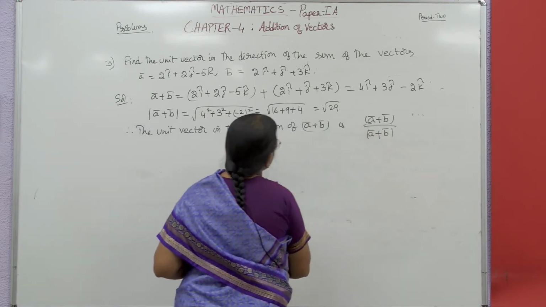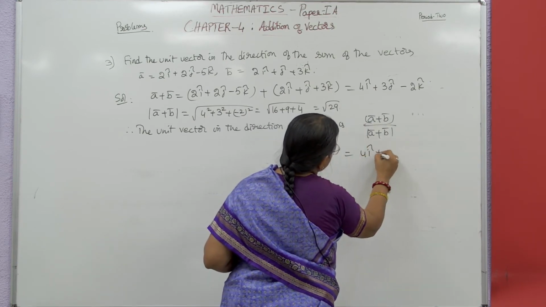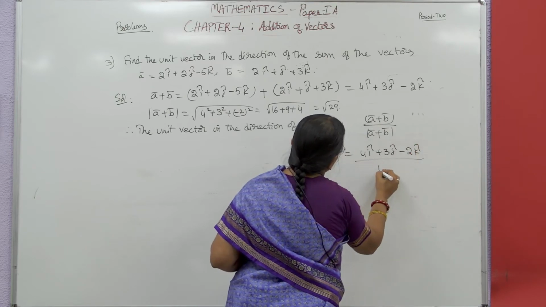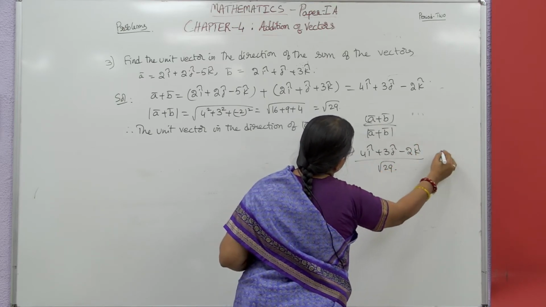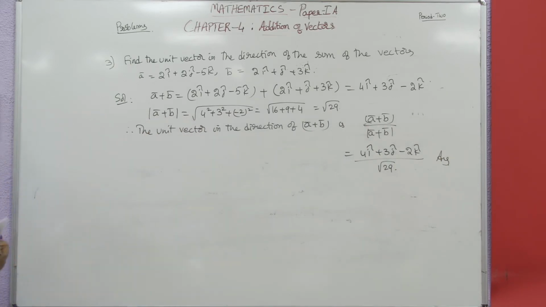A plus B is this, 4i plus 3j minus 2k, by root of 29. So this is the answer. Like this we do. Next.